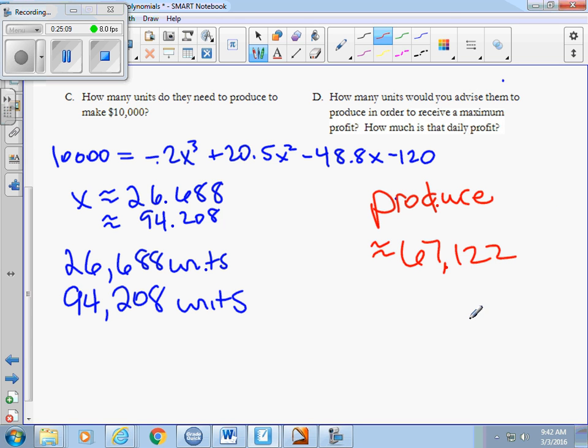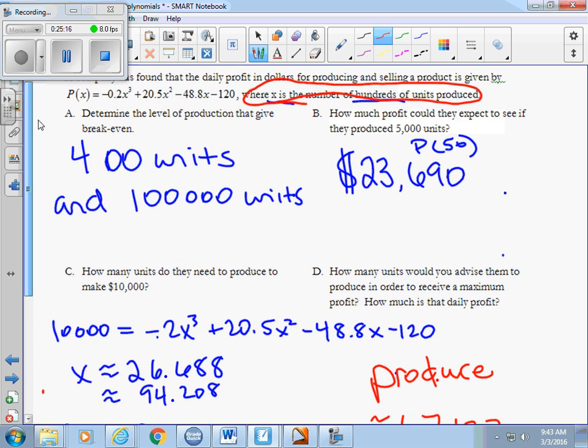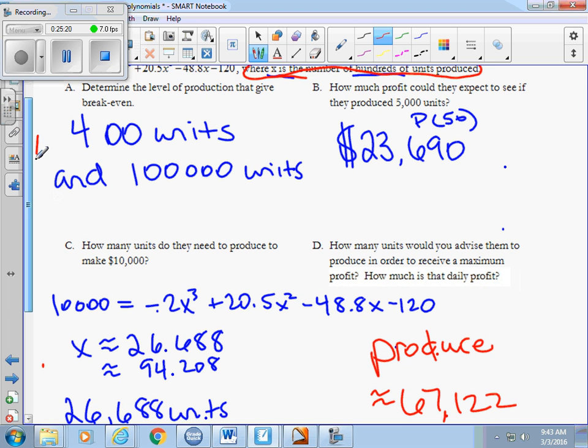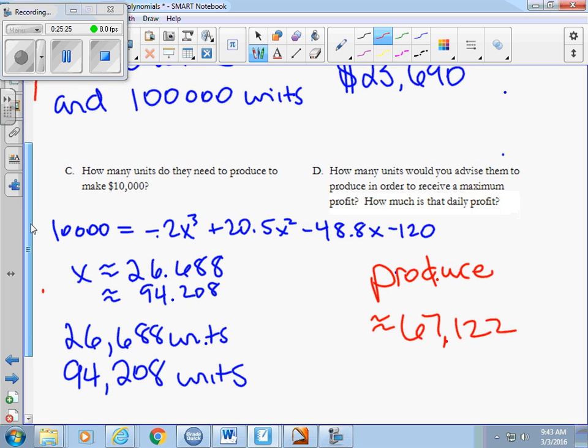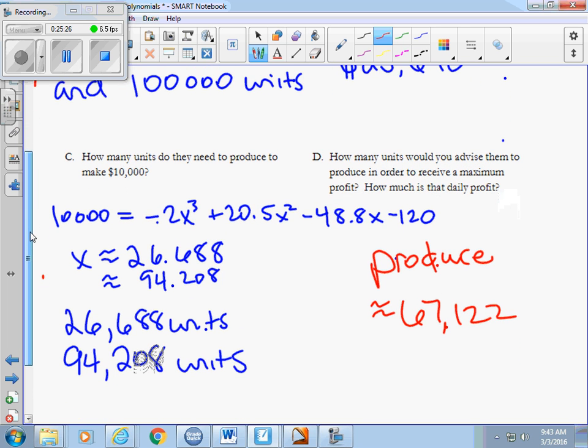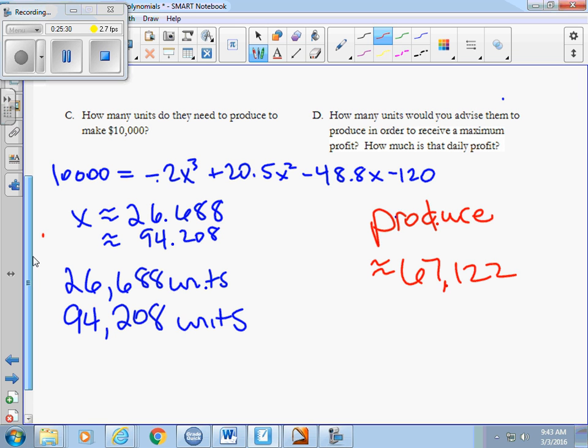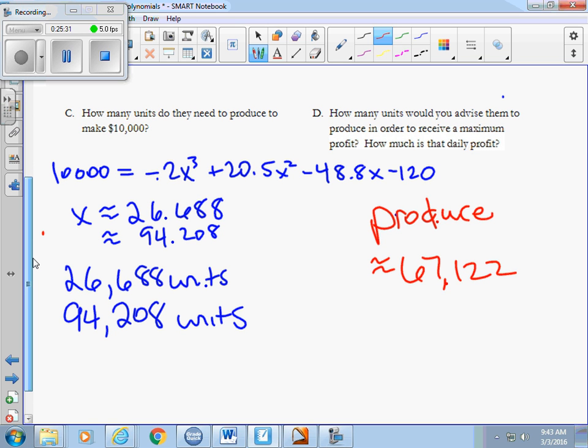Because it's in hundreds, right? So 67, isn't it? Or that, what was it in? Hundreds of units. So 6,700, which would be 67,000, right? 67 hundreds. No, I put too many zeros in there. Y'all were gonna let me do that, weren't you?